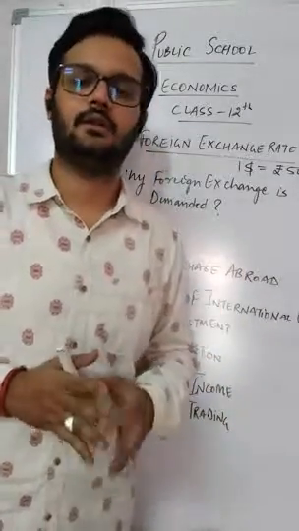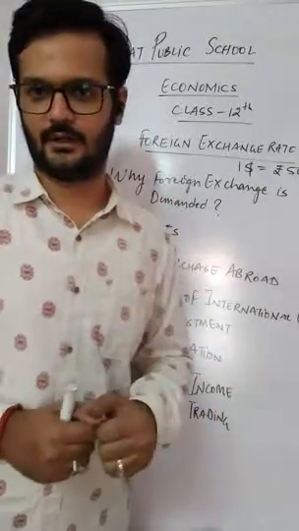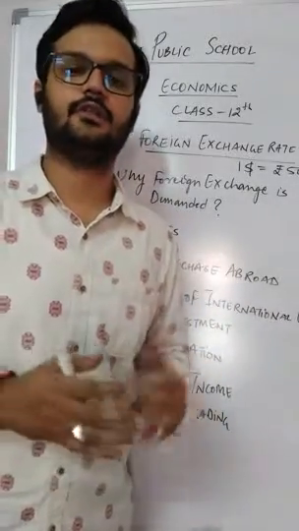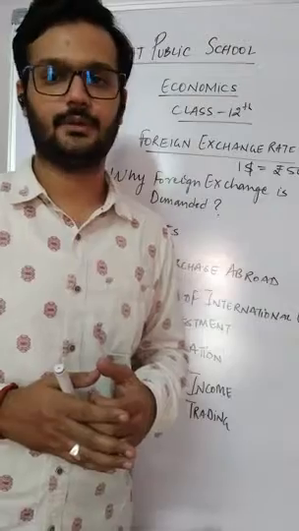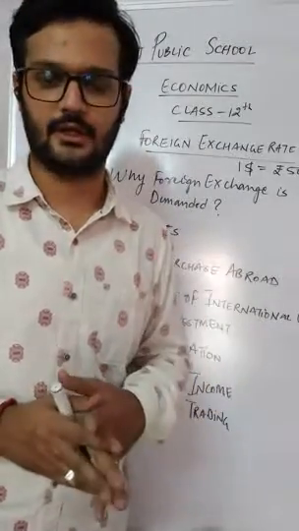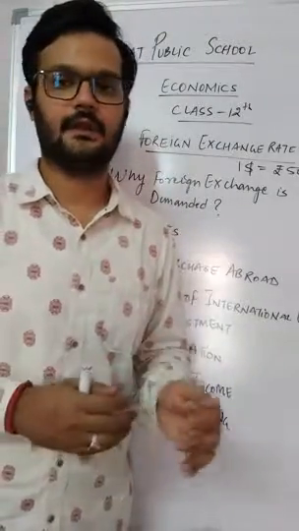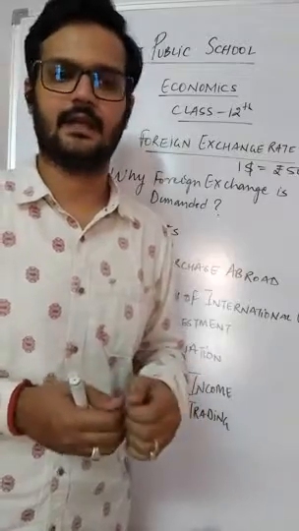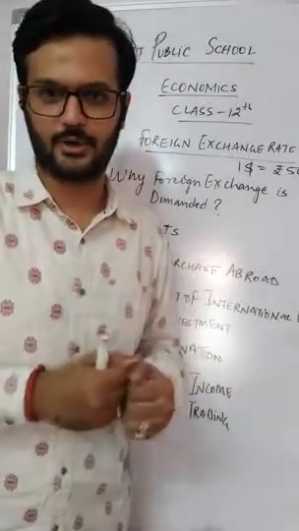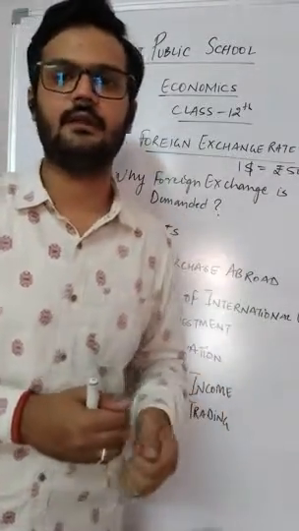For example, you want to buy some dollars right now for the purpose of speculative trading. You are thinking that this is the right time, that dollars can be bought, dollars are available at a low price.